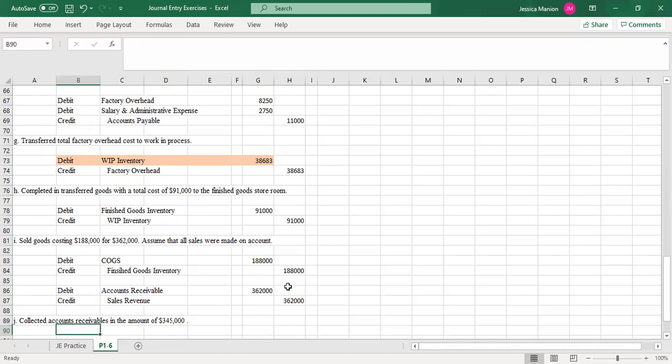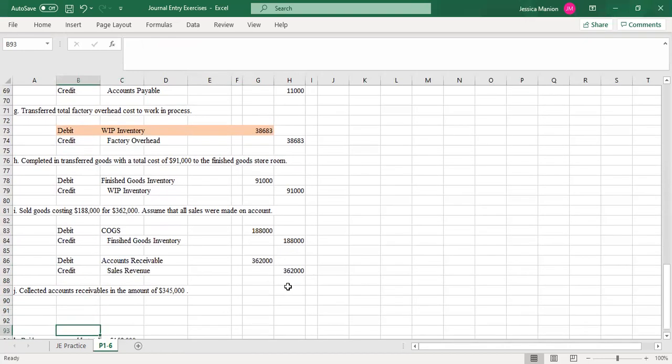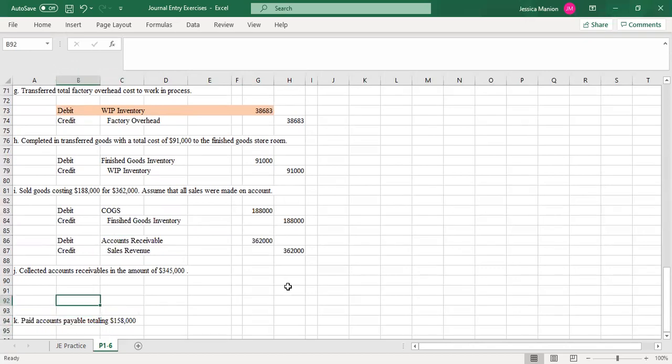All right. Letter J, collected accounts receivables in the amount of $345,000. So this is debit cash, $345,000, credit accounts receivable. I know I spelled that wrong, but you guys know what I'm talking about, right?